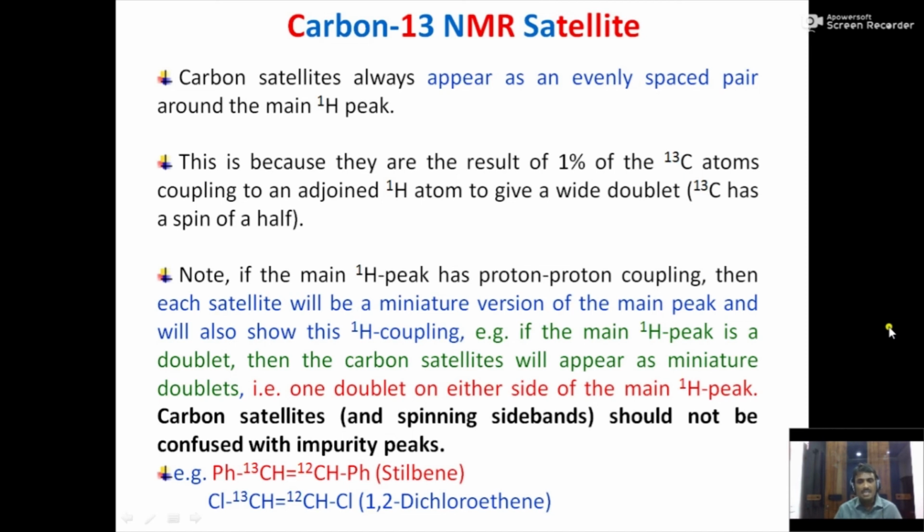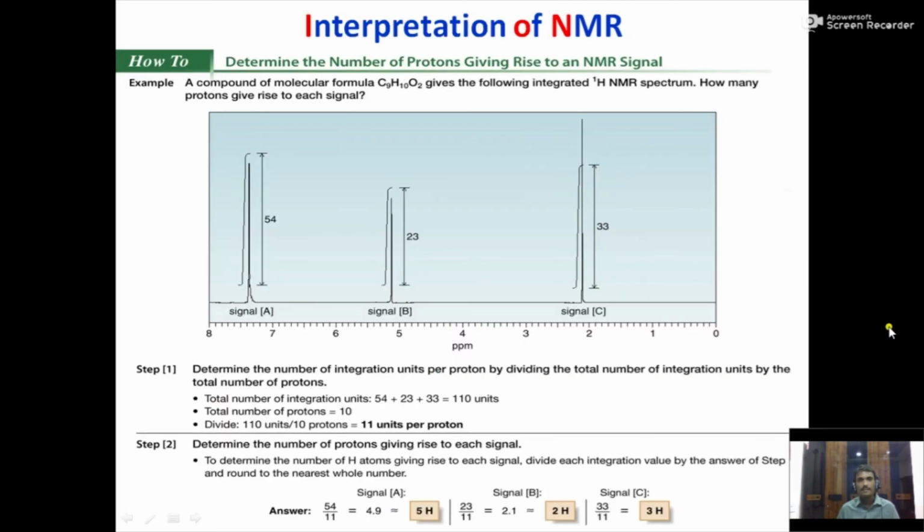In the example I have shown here, you can see the structure is highly symmetric: 1,2-dichloroethane. If the adjoining H1 and C13 atoms are there, then there is a possibility of NMR satellite peaks.